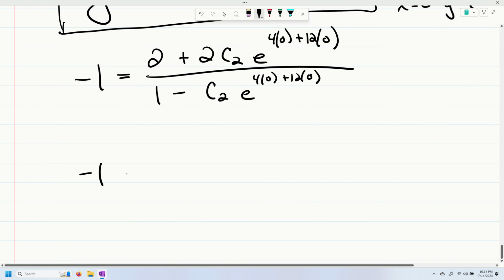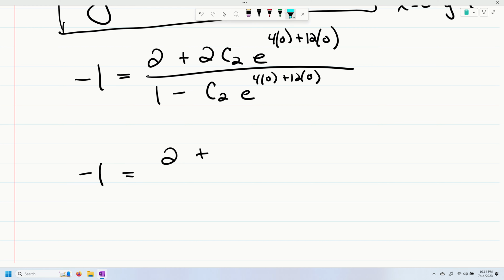So it looks like we get -1 equals 2 plus, well, this right here is e to the 0 plus 0. So it's e to the 0, which is 1. So we end up getting 2c2 over 1 minus c2.